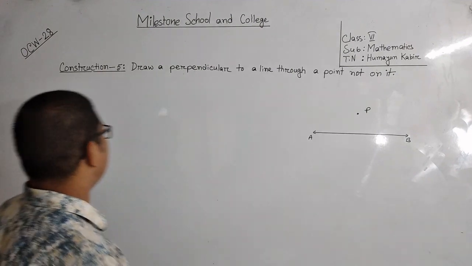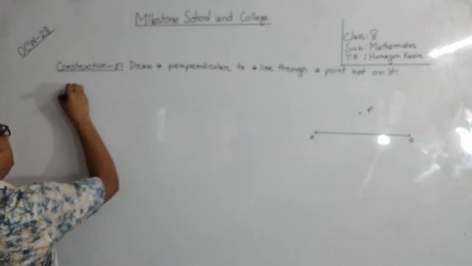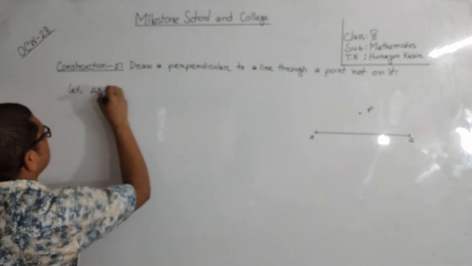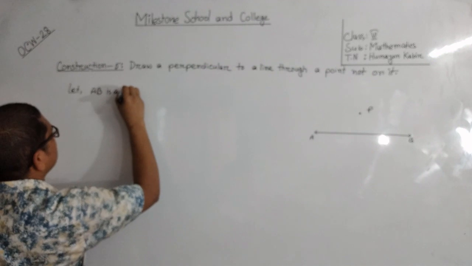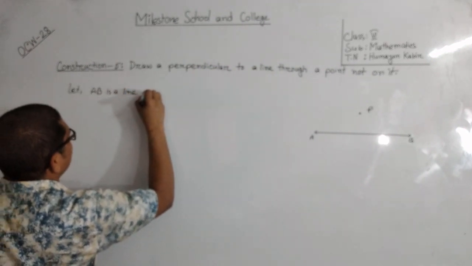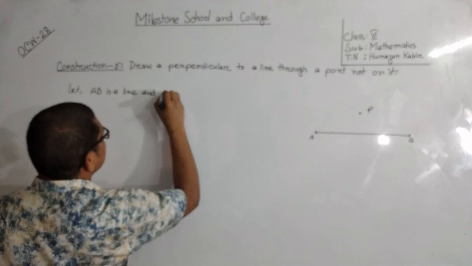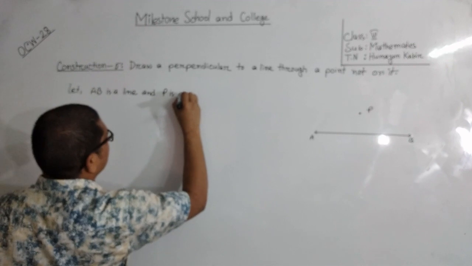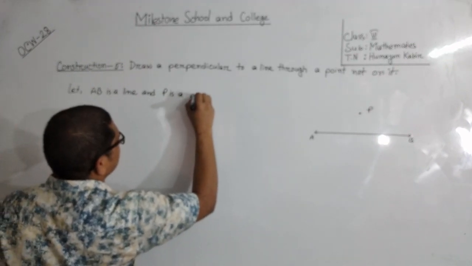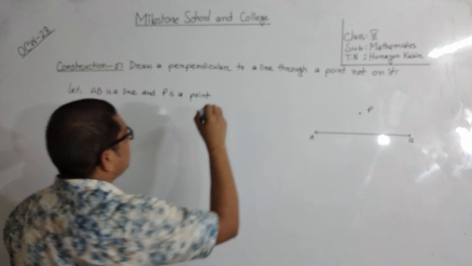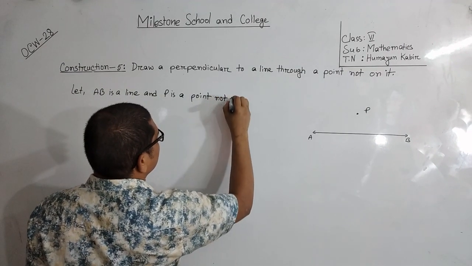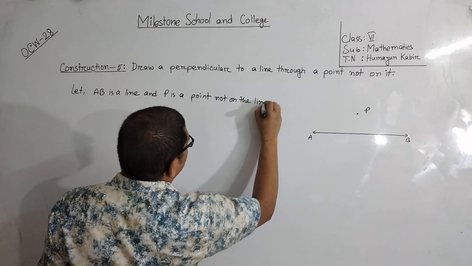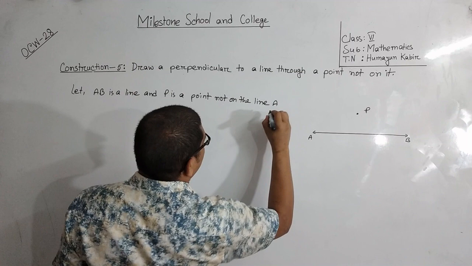Okay, so at first write with me: let AB is a line and P is a point not on the line AB.